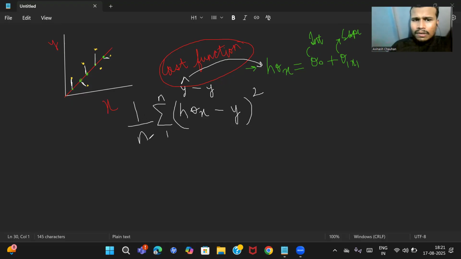And just understand the derivative which we learned in class 11. For example, if we have to differentiate x square with respect to x, how do we write it? We write dy dx of x square.